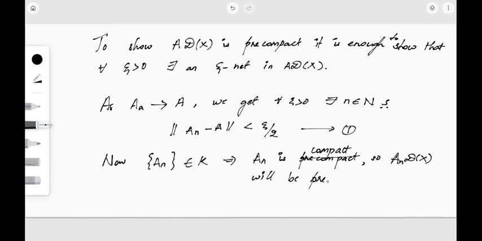Okay, so as A_n is an element of K, A_n will be compact, and so A_n d of x will be pre-compact. And again we'll use this previous lemma.